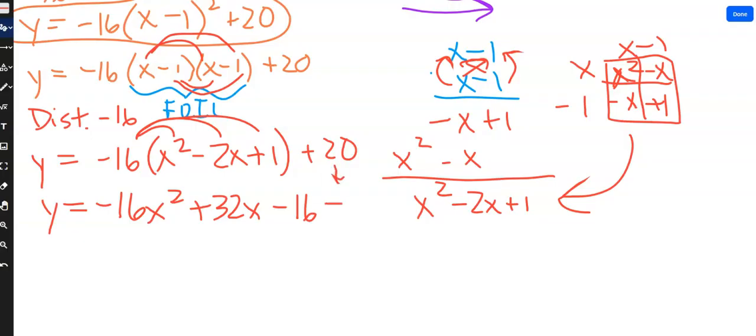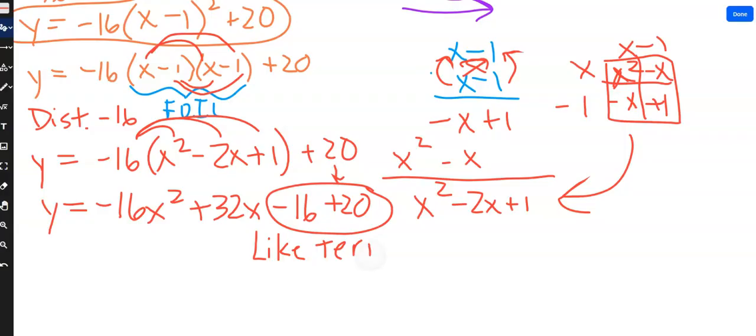And then, of course, you have the plus 20 at the end. Last but not least, we have to look for like terms, and we have a couple right there. So, final standard form answer: y equals negative 16x squared plus 32x plus 4.